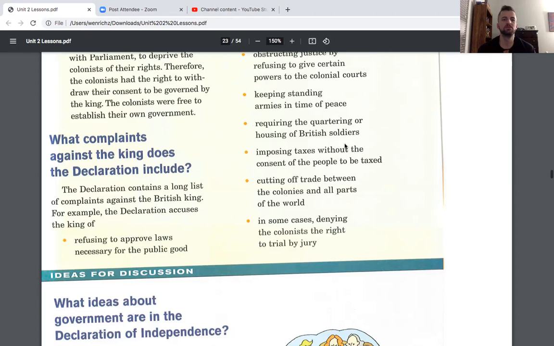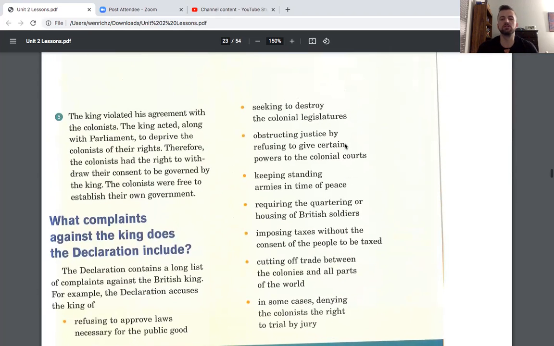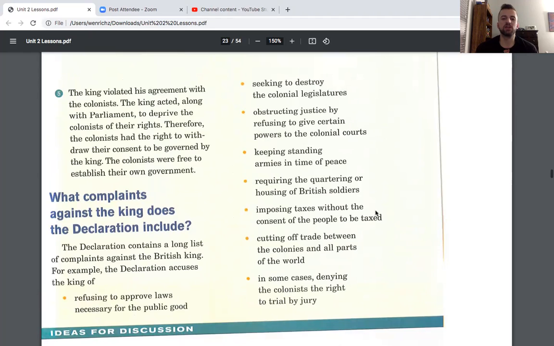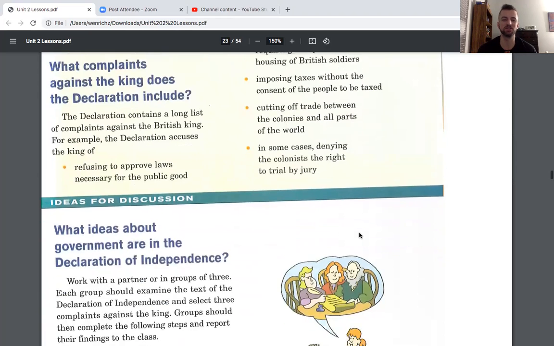For example, the Declaration accuses the king of the following: refusing to approve laws necessary for the public good, seeking to destroy the colonial legislatures, Declaratory Act, obstructing justice by refusing to give certain powers to the colonial courts, keeping standing armies in times of peace, Quartering Act, requiring the quartering or housing of British soldiers, Quartering Act, imposing taxes without the consent of the people to be taxed, Sugar Act, cutting off trade between the colonies and all parts of the world, Sugar Act, in some cases, denying the colonists the right to trial by jury.